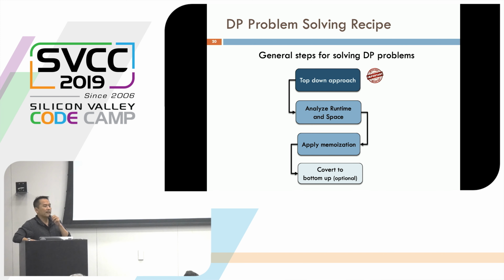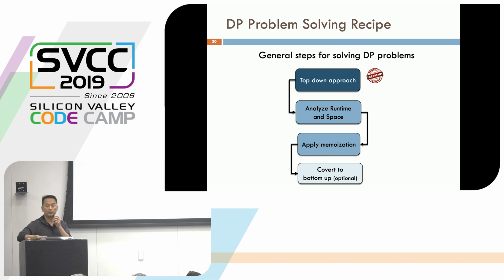I think the point is that the runtime is essentially going to be very similar between the top-down approach once you apply memoization and bottom-up. The difference is that in some cases people don't want to do recursion, right? Recursion has a limitation in terms of stack, the depth of the recursion.